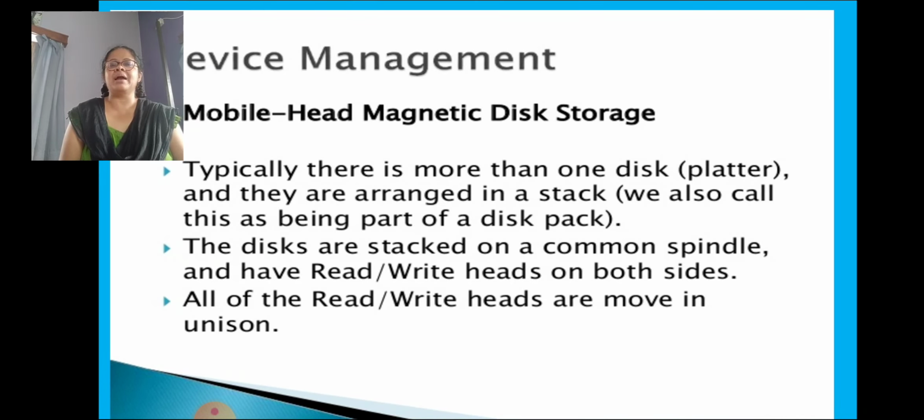Typically, there is more than one disk and they are arranged in a stack. We also call this a disk pack. The disks are stacked on a common spindle and have read-write heads on both sides. All of the read and write heads are moved in unison.